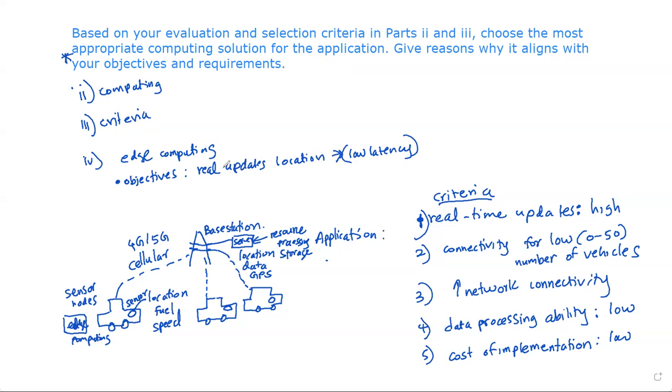So main objective is having the real-time updates regarding the location. Also, the requirements. My requirement is giving low latency feedback to our customers, and that is the objectives and requirements of this application. So in order to do that, I'm suggesting that we can go ahead with the edge computing solution, right?